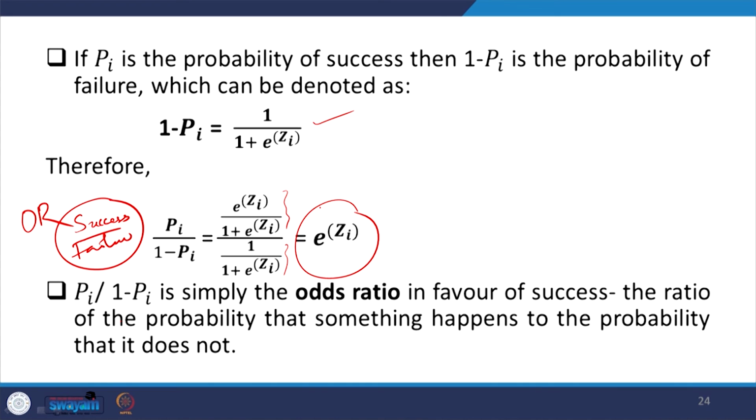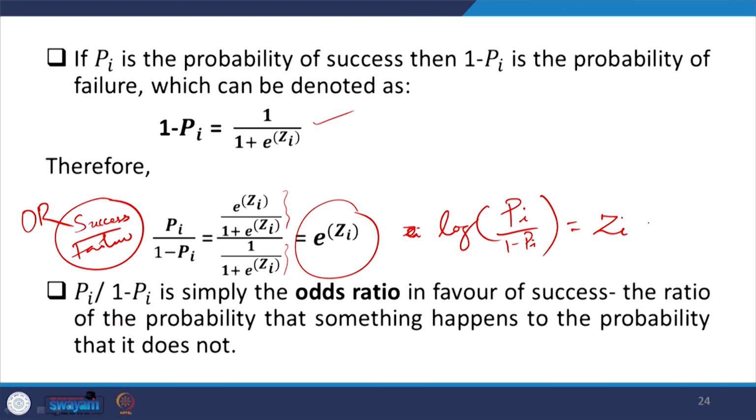The log of odds ratio, if I take the natural log of it, is basically z I. Log of P I upon 1 minus P I is nothing but only z I, isn't it?